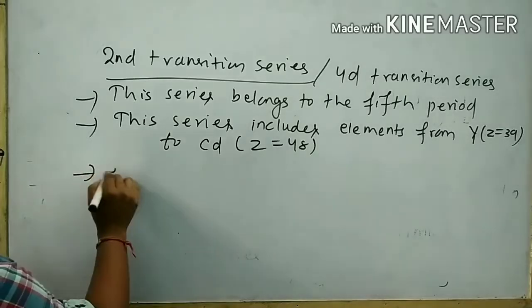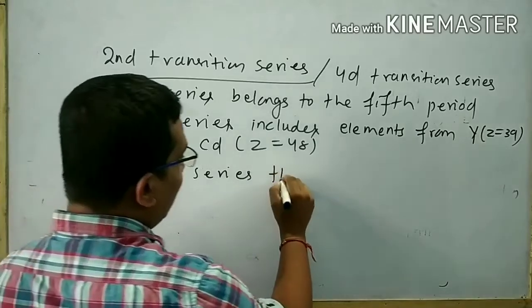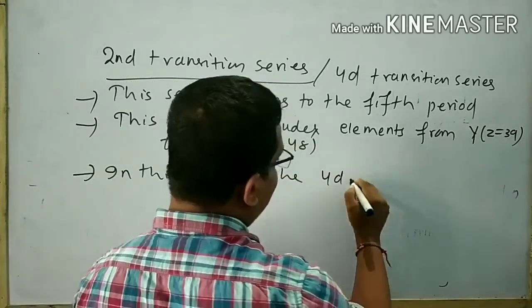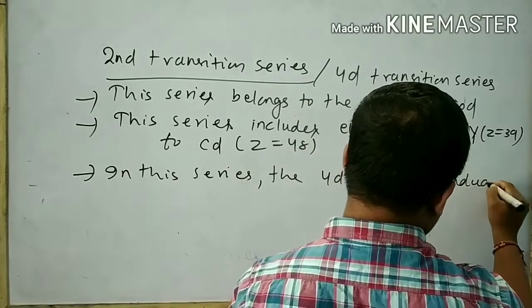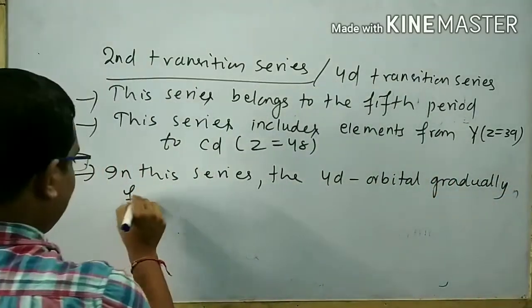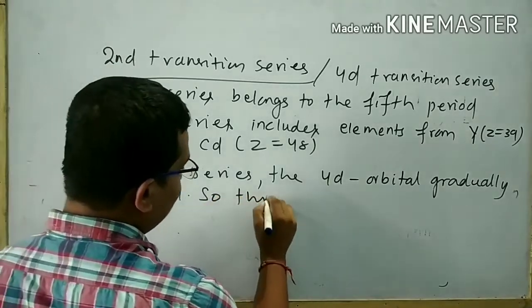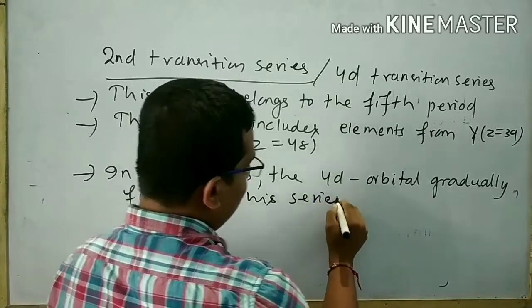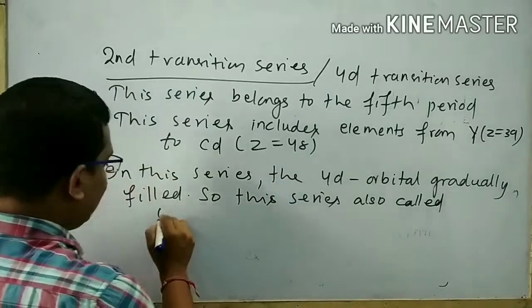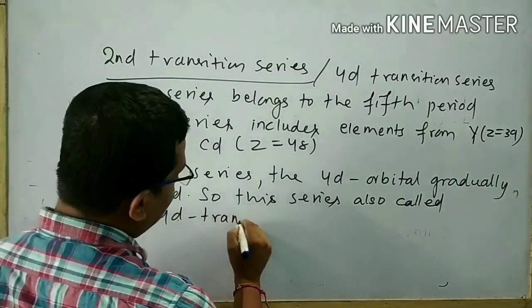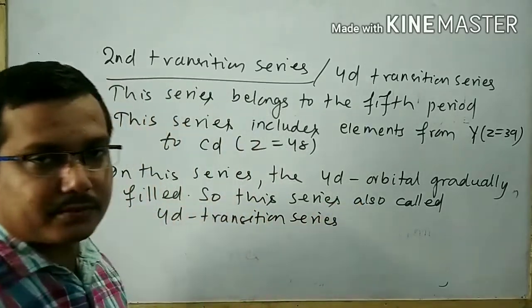In this series, the 4d orbital is gradually filled. So this series is also called 4d transition series.